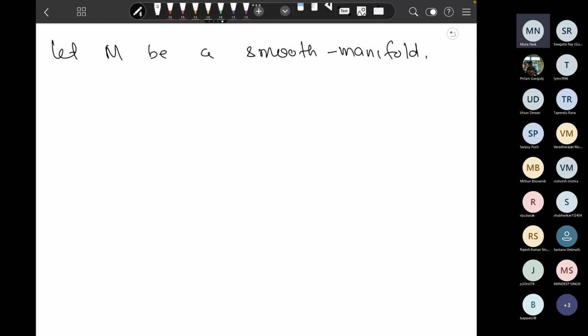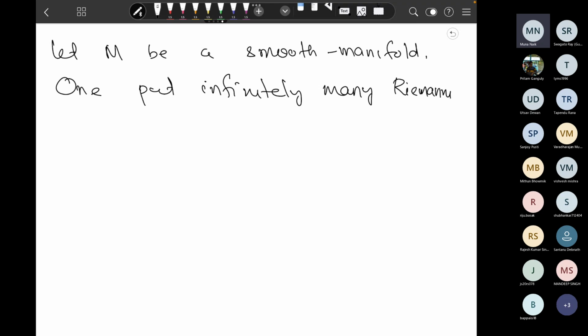You have to use something called partition of unity.